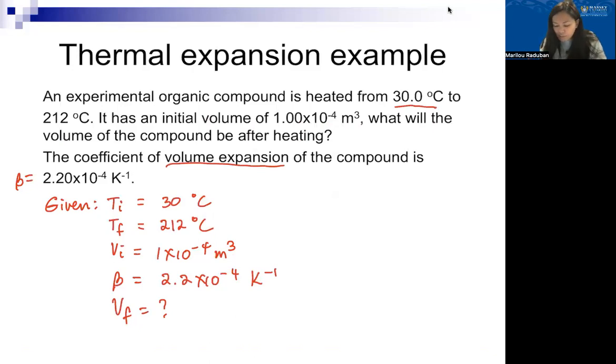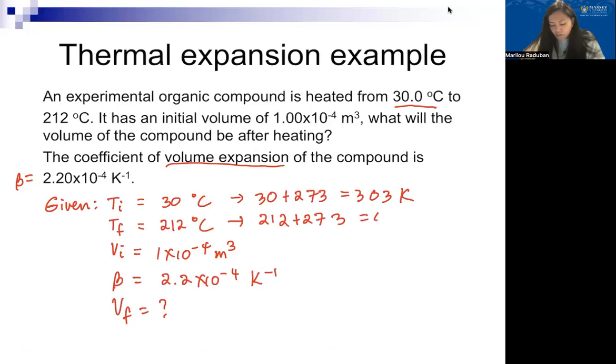So 30 plus 273, you have 303 Kelvin, or you can do 212 plus 273, 485 Kelvin. Okay. So you can convert your temperatures to Kelvin so that all your temperatures have the same unit.